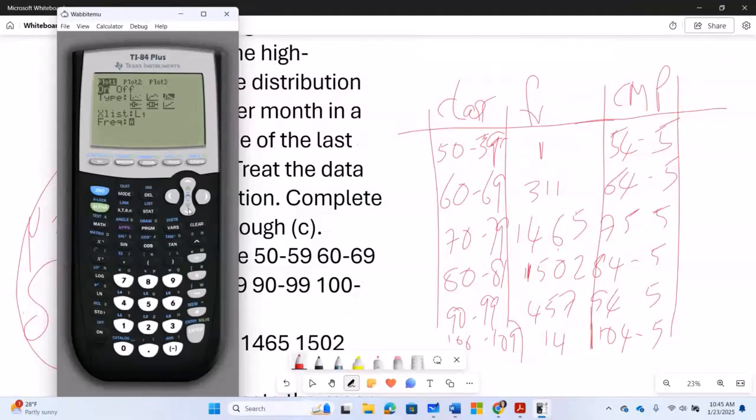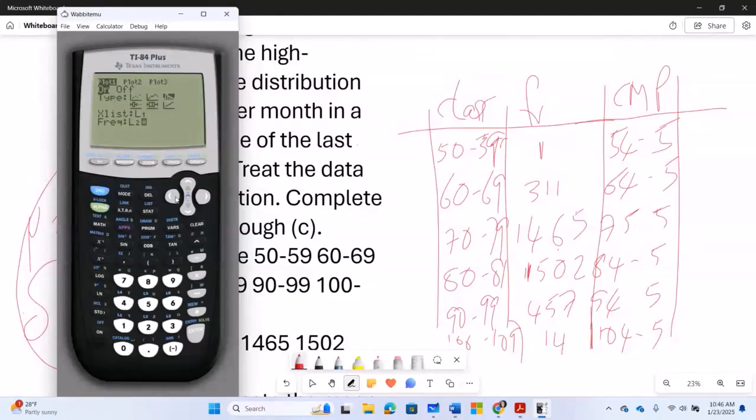Remember, this is grouped data, so you really have a frequency list, and my frequency list is L2. And I'm done. I am ready to draw a histogram.